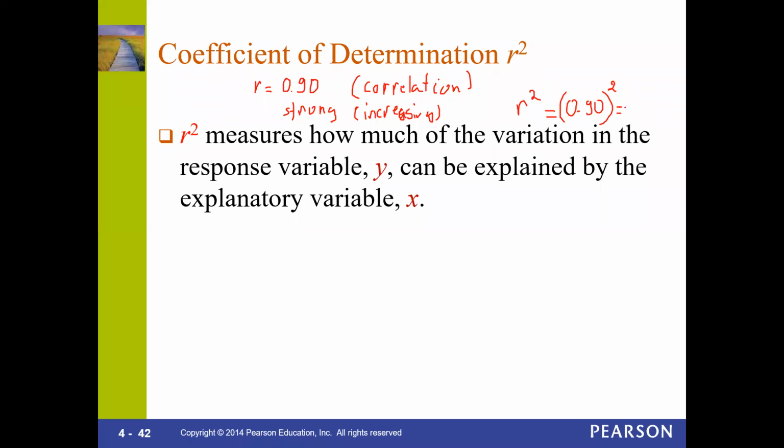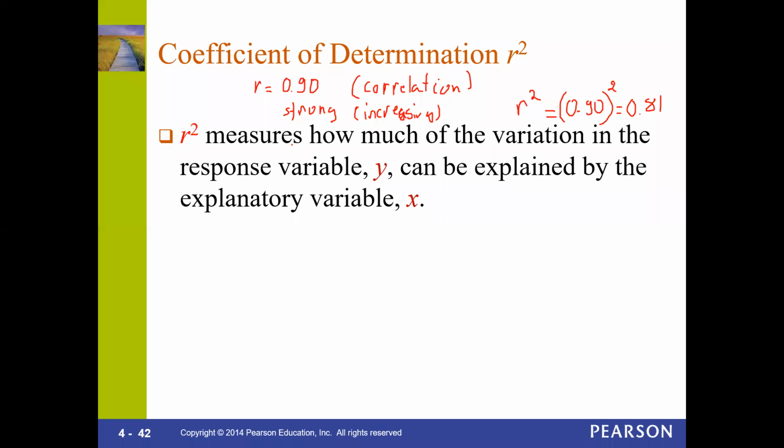If you do 0.90 squared, how much do you think it's going to give you? It's going to give you 0.81, right? Perfect. Yeah, 0.81.